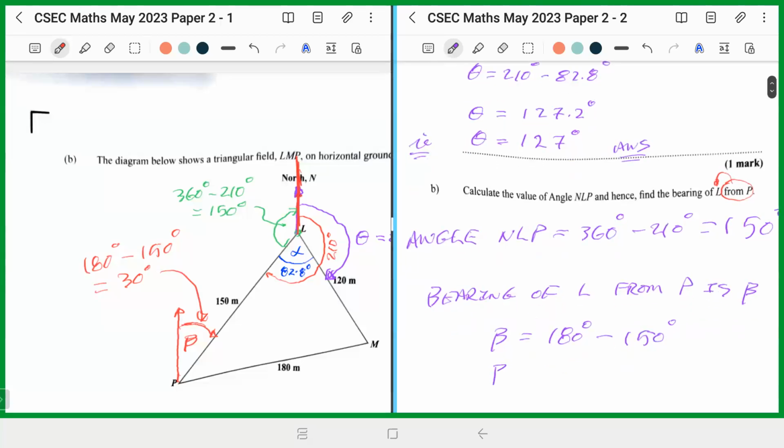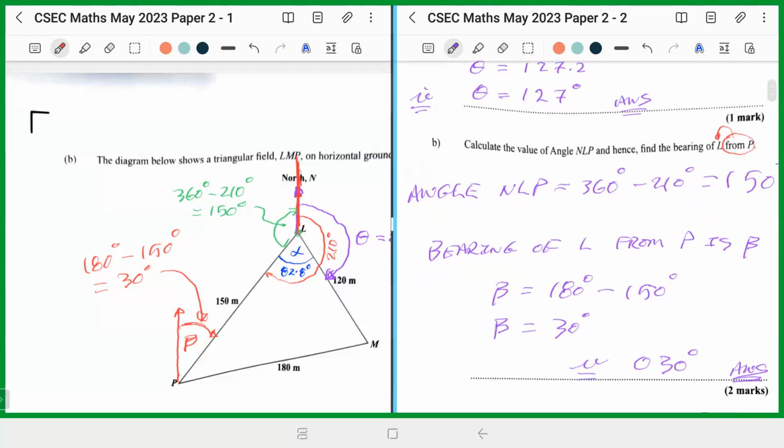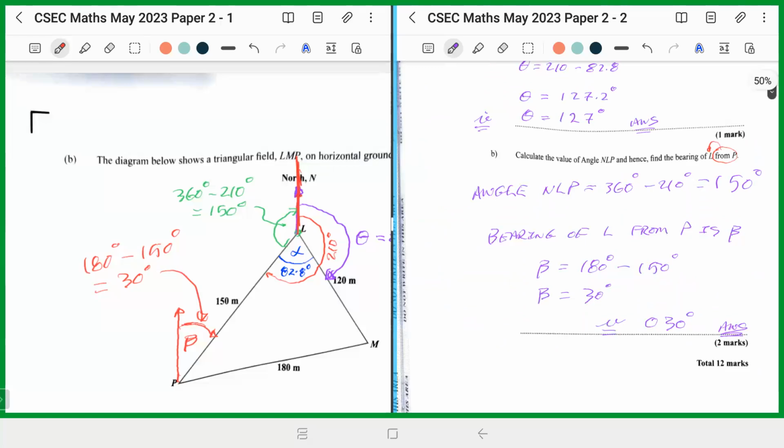So beta is 30 degrees. Because it's bearings, you're going to put 0, 30 degrees. That is my answer right there. All right, 0, 30 degrees.